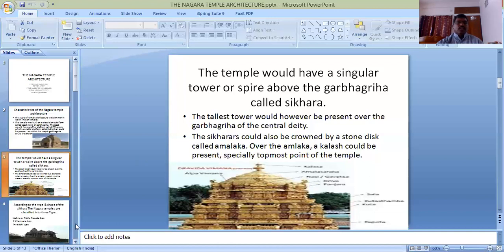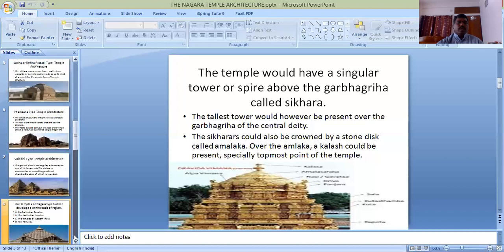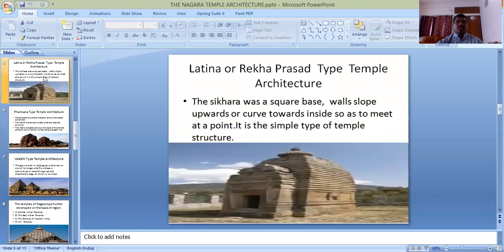So the Nagara temple is specified by the tower or shikhara and the Latina or Rekha Prasad type temple architecture.